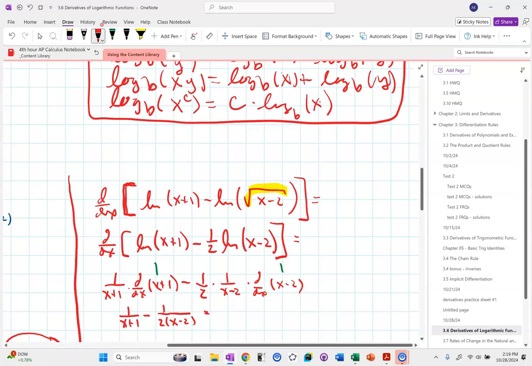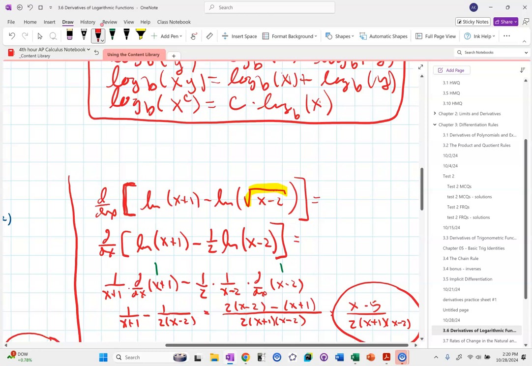And if I make a common denominator there, I'd have 2 times x minus 2 minus x plus 1 over 2 times x plus 1 times x minus 2. Is everybody okay with how I got the common denominator there? I skipped some steps. That's okay though. And I guess where I end up at, same spot as before, right?